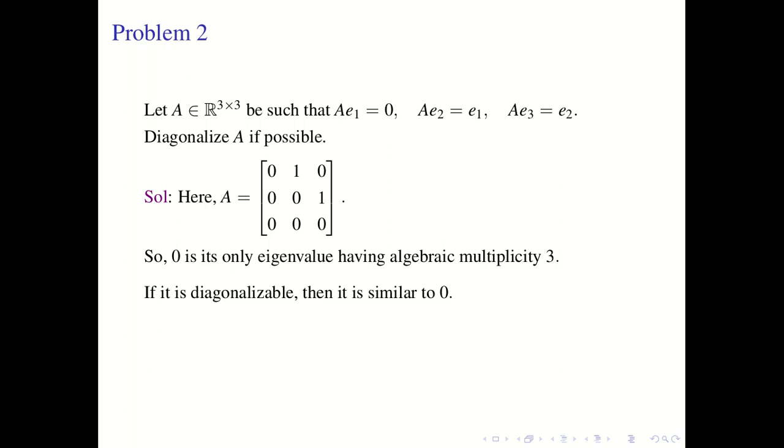A is similar to a 0 matrix, but the only matrix similar to the 0 matrix is the 0 matrix, because P inverse AP is 0 implies that A must be 0, as you can obtain by pre-multiplying and post-multiplying by P and P inverse. We get that A is 0. Therefore, the conclusion is that A is not diagonalizable.